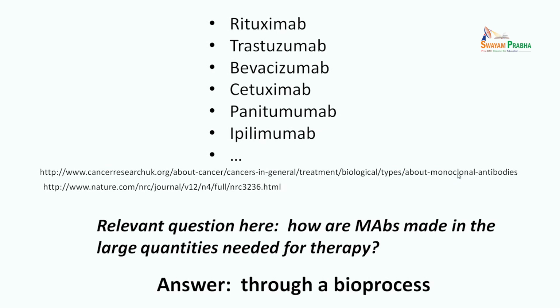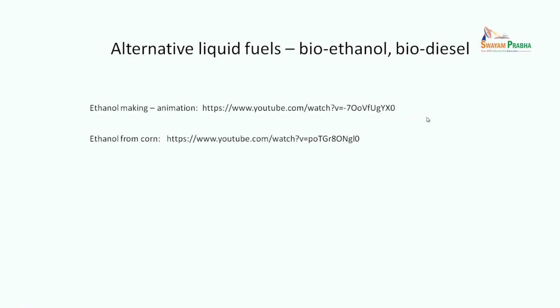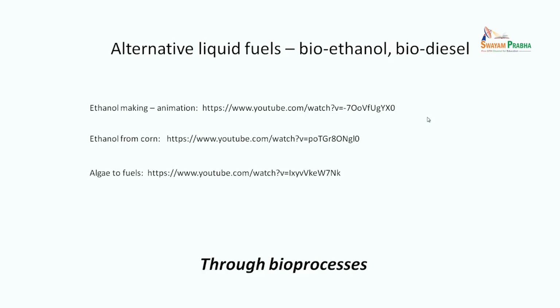Then we looked at other examples such as alternative liquid fuels, bioethanol and biodiesel, and saw that they were also produced through bioprocesses. I had given you links to some information on ethanol making, ethanol from corn, algae to fuels and so on.